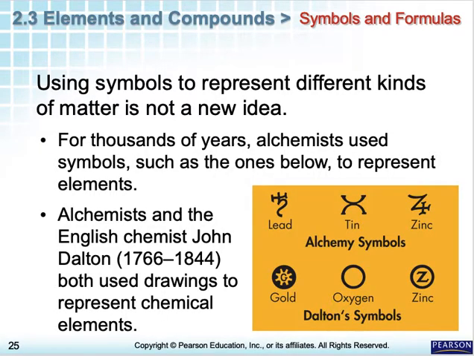Back in the day of the alchemists, they had all sorts of different symbols, and chemists decided that we needed a more systematic approach. In fact, it was John Dalton, and he used the symbols, the drawings, and the chemical names to represent things, and we needed something a little bit more systematic.